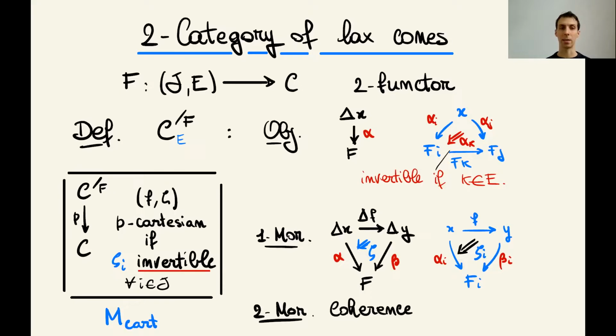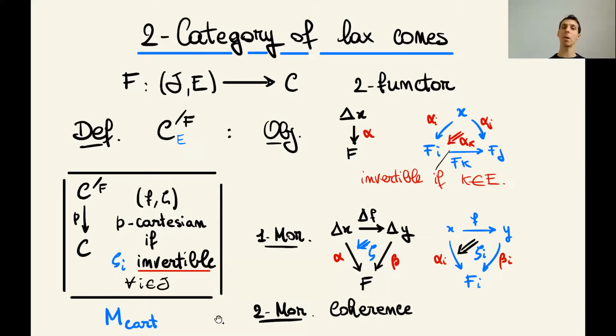It turns out that a one-morphism of these two-categories of lax cones, so a pair F, zeta, of this kind, is Cartesian with respect to this projection if and only if the zeta I are invertible for any I in the diagram category J. We call this set of one-arrows of the two-category of lax cones M-cart.